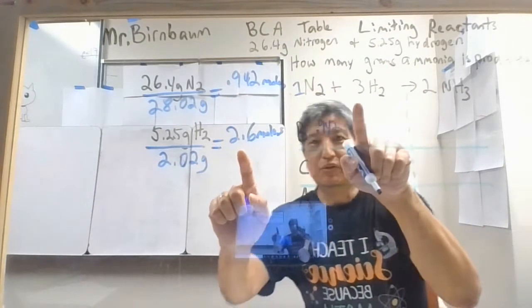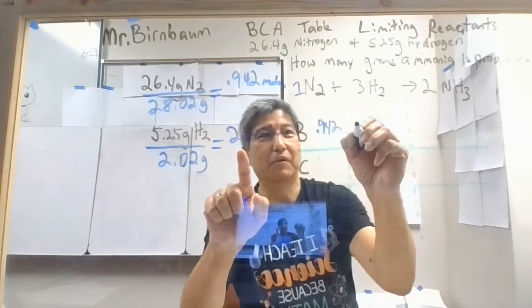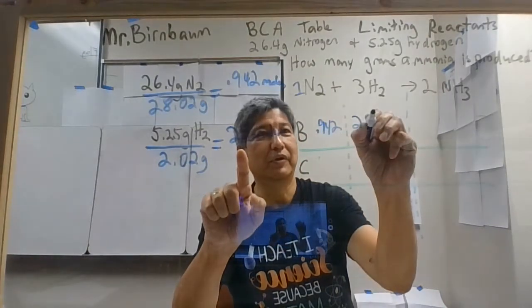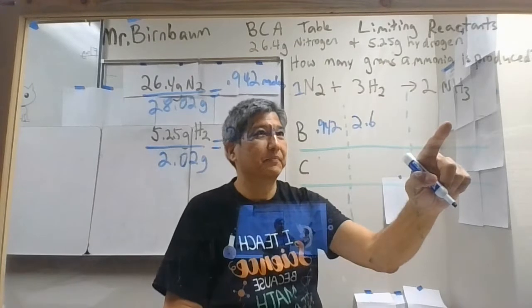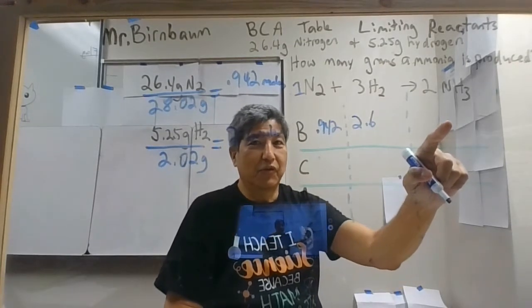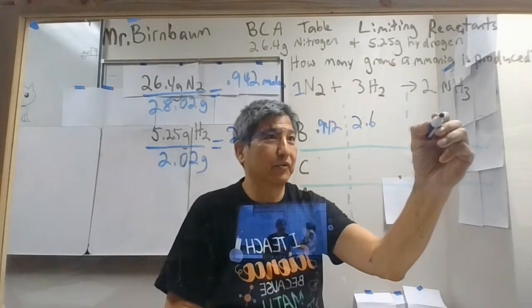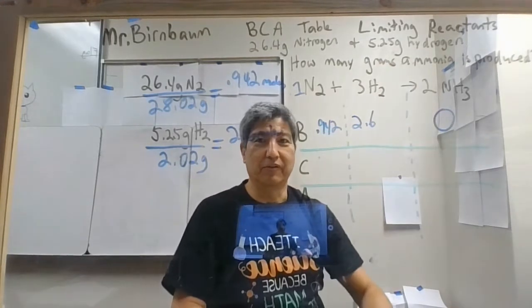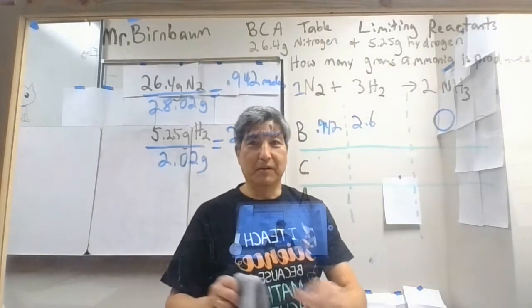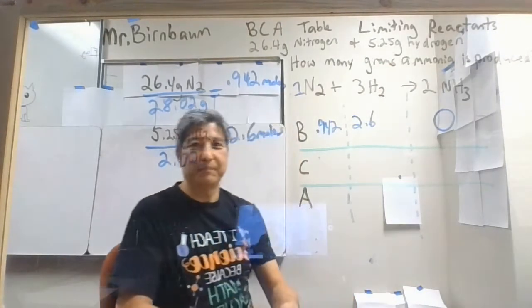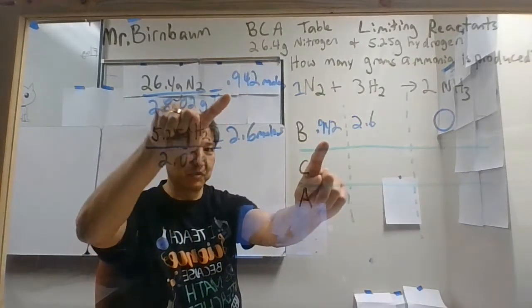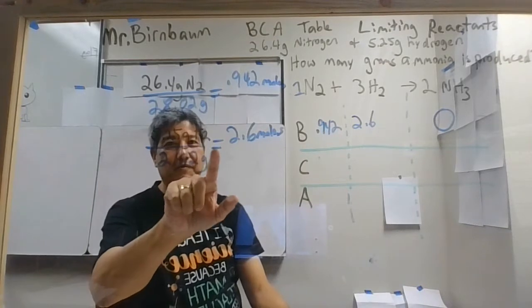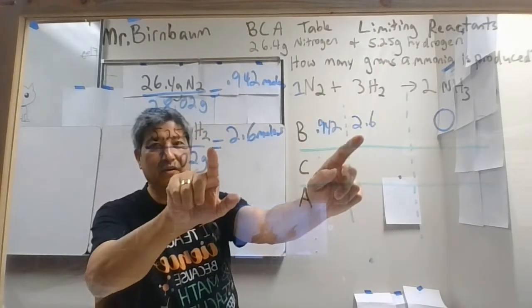So here in the H2 column, I'll put that in, 2.6. And then for the ammonia, in the before we don't have any ammonia yet, so we're just going to put a 0 there. So this is for our nitrogen, number of moles, our hydrogen, number of moles.